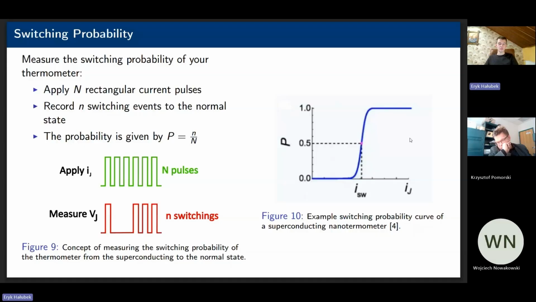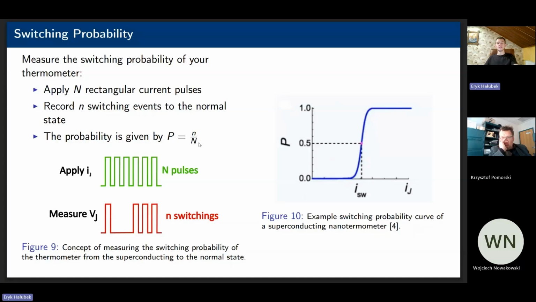And so if we repeat this process, we send many pulses and register many switchings, then we can estimate the probability of the switching by dividing the number of switchings by the number of pulses that were applied to the structure.